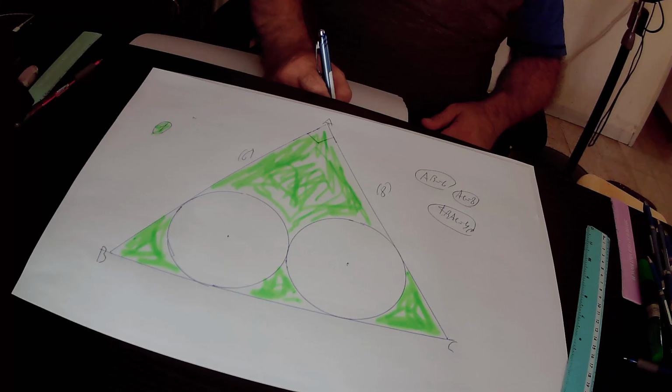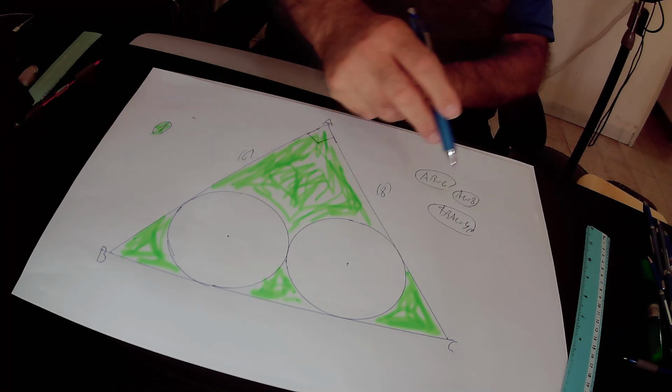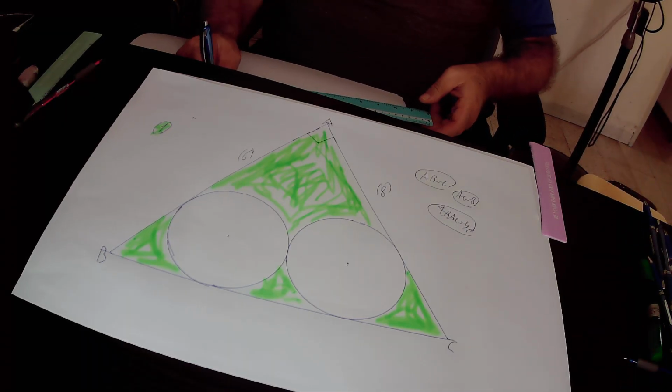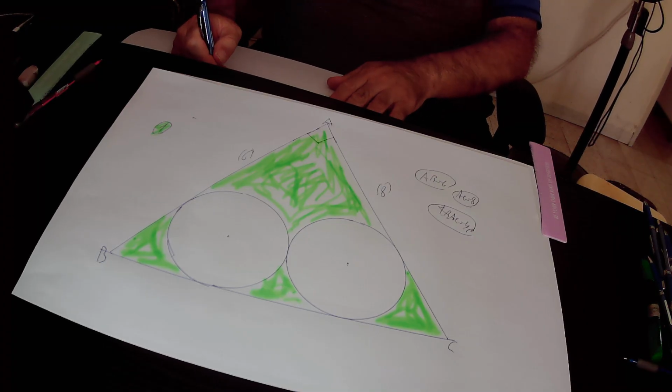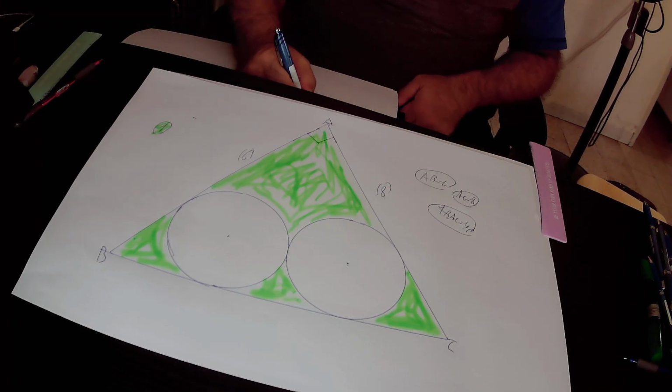So, in the right triangle ABC, BC squared, that is the square of the hypotenuse, equals AB squared plus AC squared.